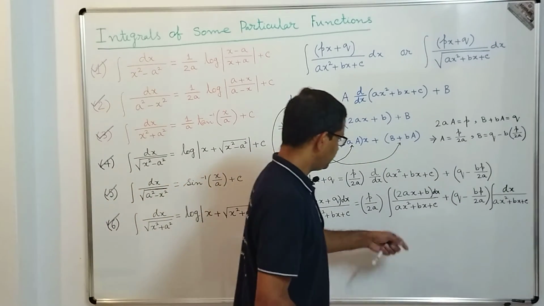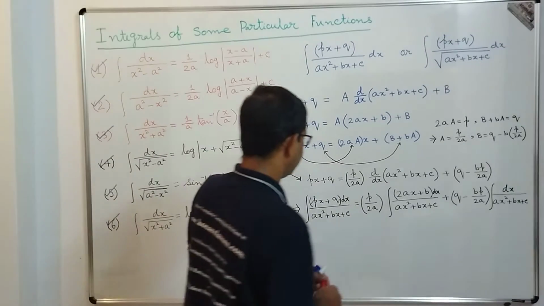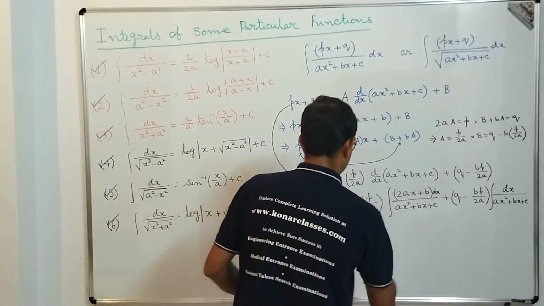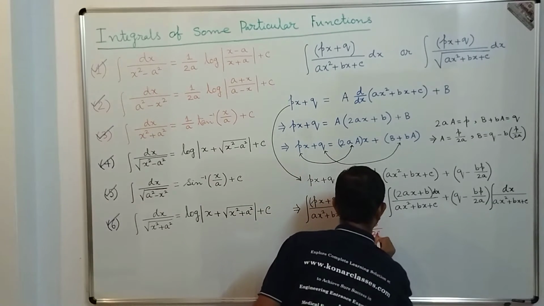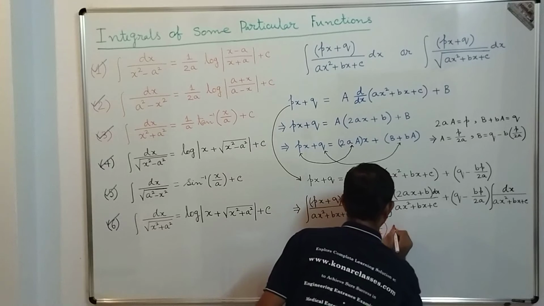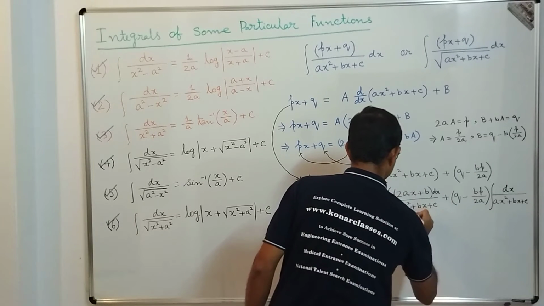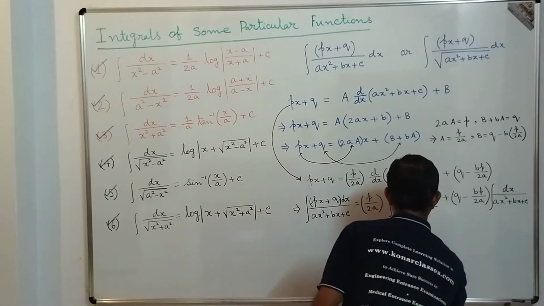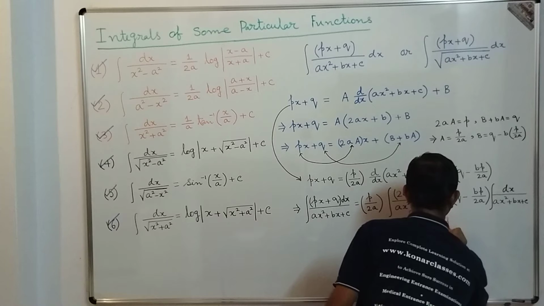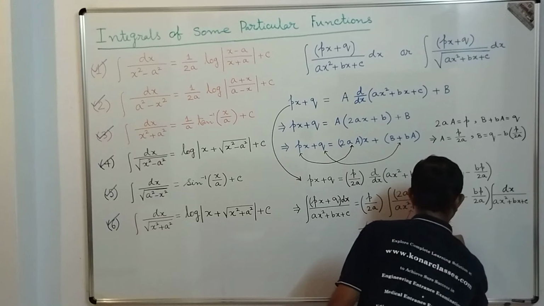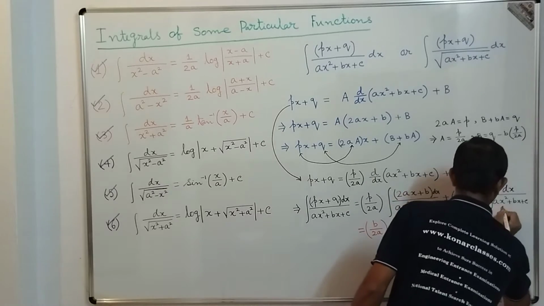After that, we can assume that this is equal to p by 2a into I1, where I1 is this integration, plus q minus b into p by 2a into I2, where I2 is this integration.